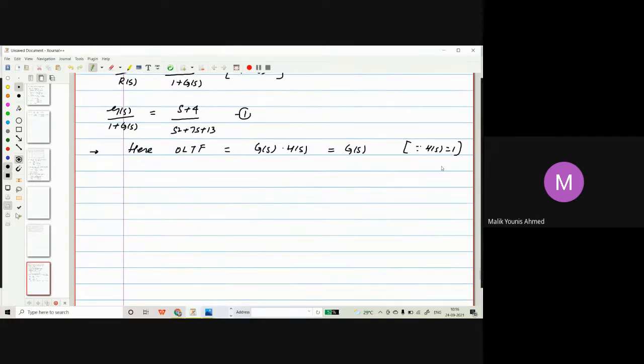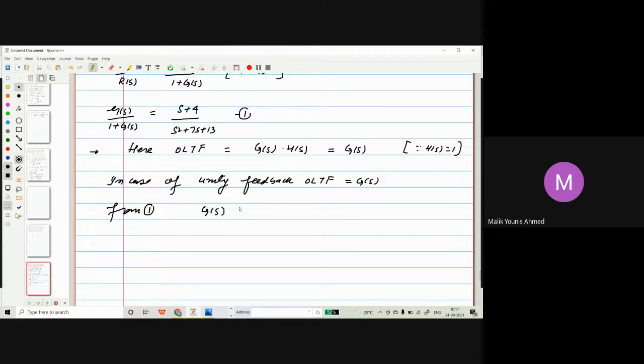Okay. In case of unity feedback, you should always remember the open loop transfer function is G of S. No need to write the above terms. This is for your knowledge I am writing. So from the equation what we can get, we can cross multiply it.